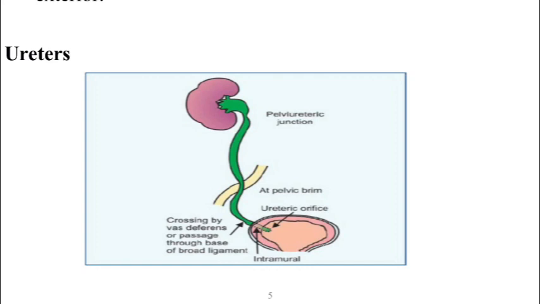The ureters cross the bifurcation of the common iliac artery, at the beginning of the external iliac artery. At that point, they pass over the pelvic brim and they leave the abdomen and enter the lesser pelvis.